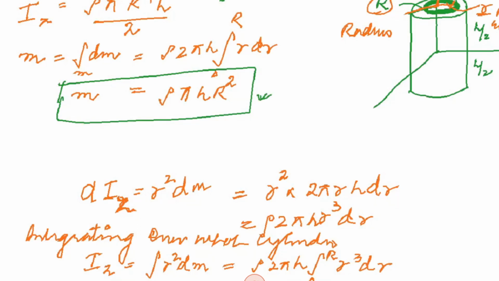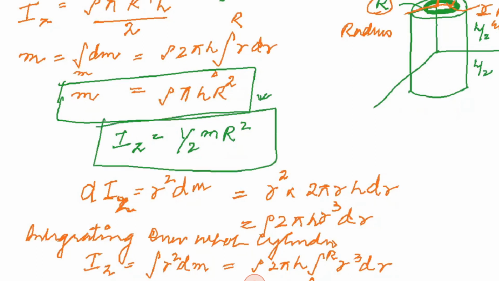Now putting the value of m, Iz for this section will become half of m R square. This is your mass moment of inertia.